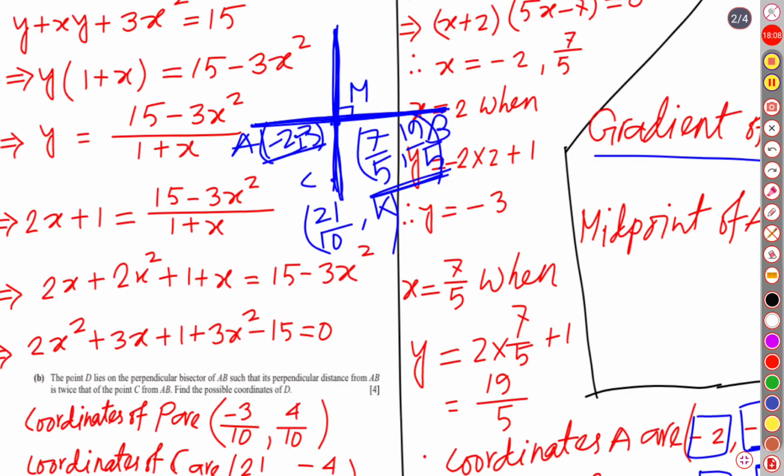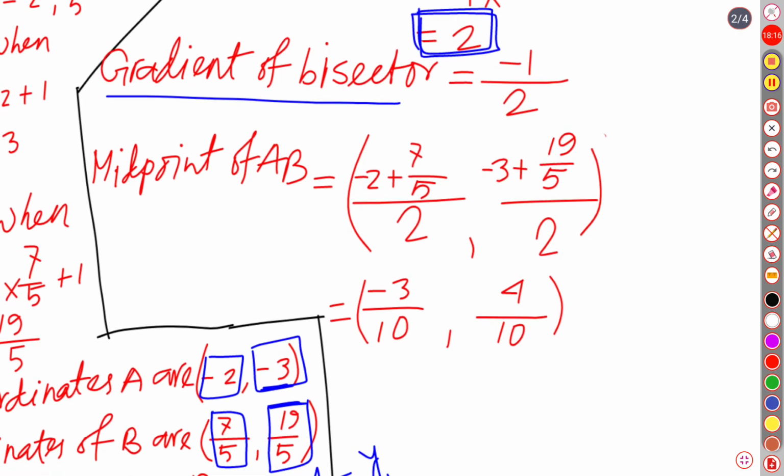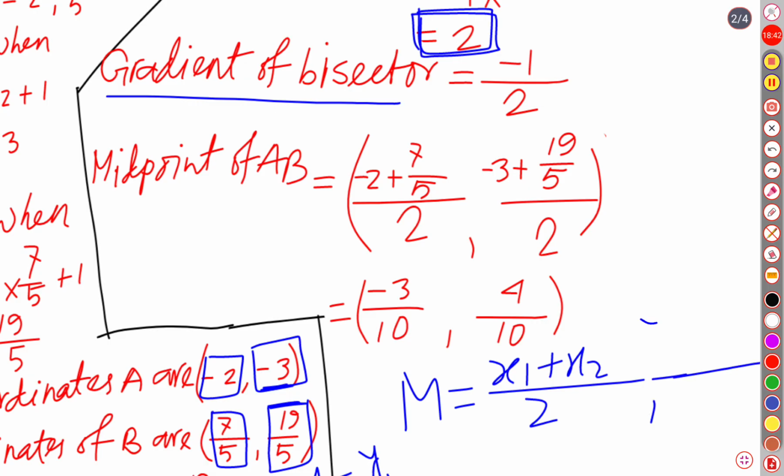How can we find the midpoint? The midpoint of AB is the x coordinate of A plus the x coordinate of B divided by 2. Let me write it over here: midpoint is equal to x1 plus x2 over 2, and for the y coordinate, the same, y1 plus y2 over 2.